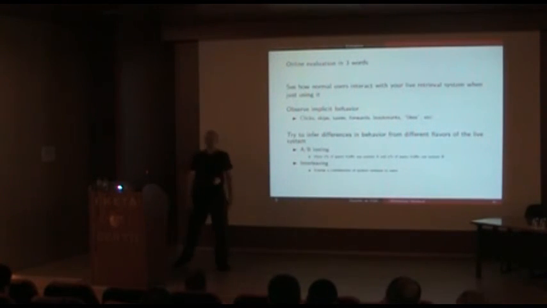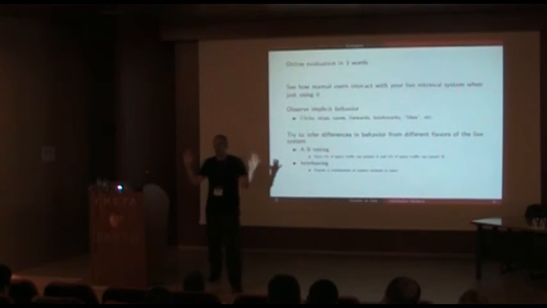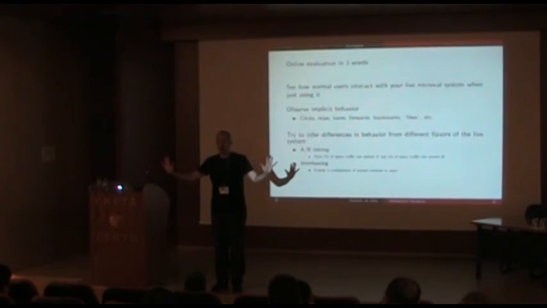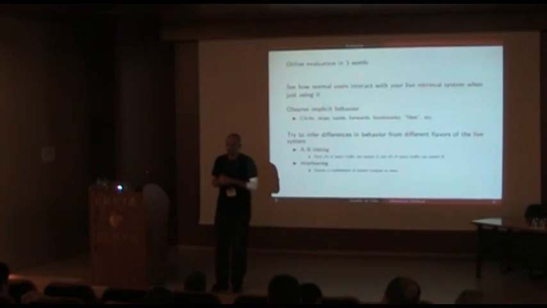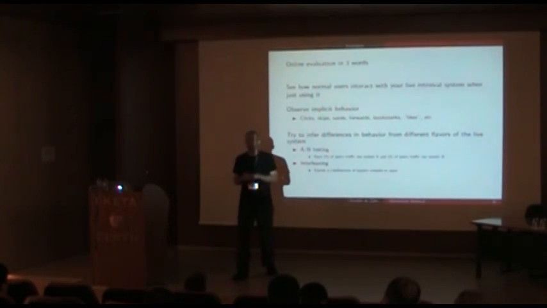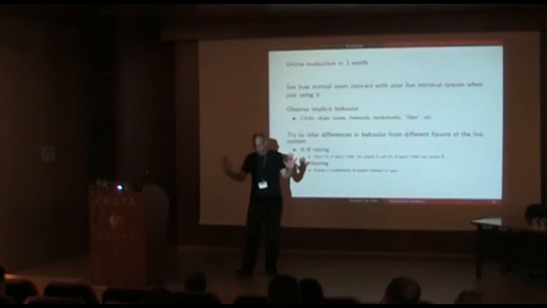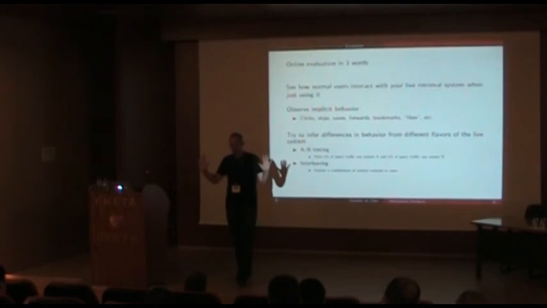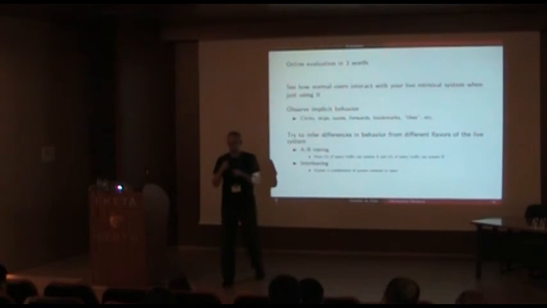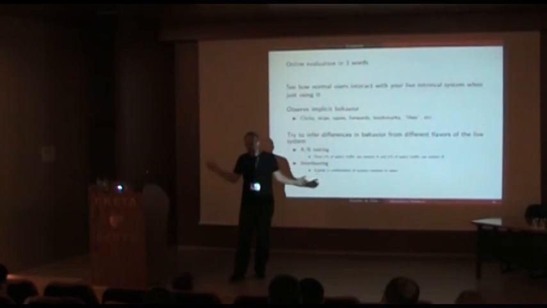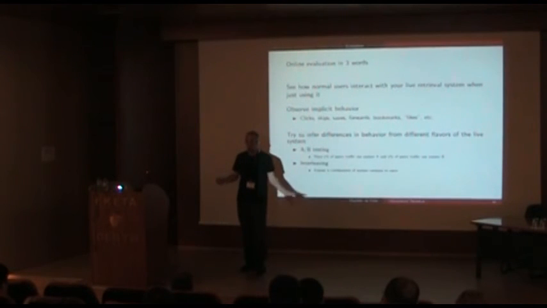Interleaving. So different users may get a different experience, right? In interleaving, all users get the same experience, but you still try to understand whether two systems, A and B, are different. How do we do that? Well, in comes a query. We have system A and system B. System A produces a ranked list. System B produces a ranked list.